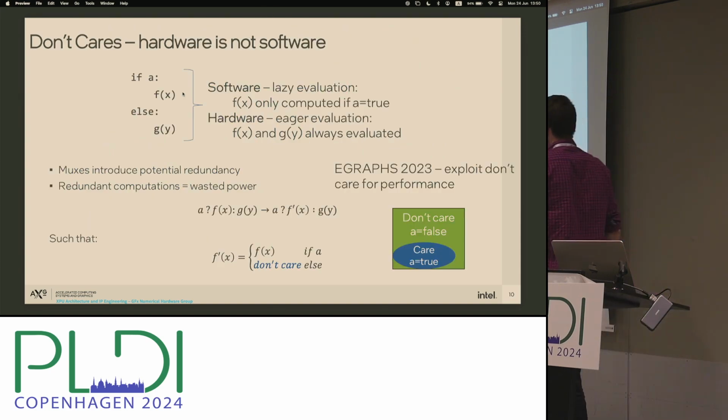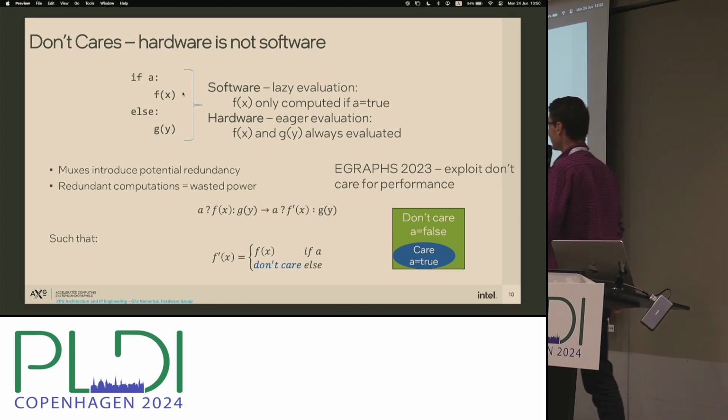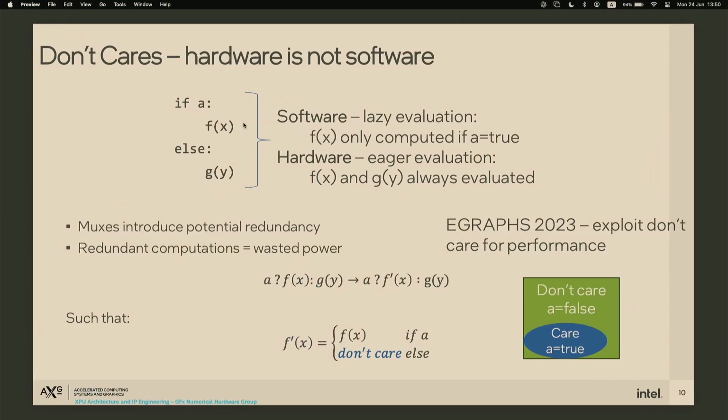So I guess this is the most ridiculous statement that anyone's ever read, but hardware is not software. Clearly true. But why do I think this is important for what I'm talking about today? When you're executing software, ignoring the fact that you can do eager and lazy software, typically you're only computing f of x when this statement A is true, right? But of course, in hardware, we don't do that at all.